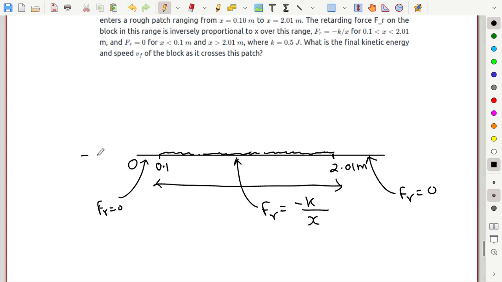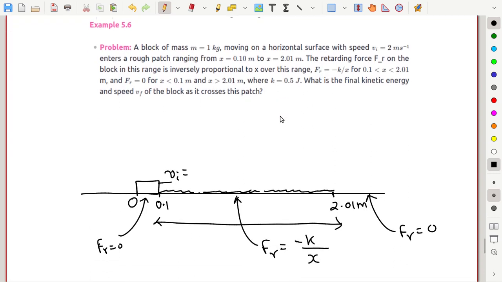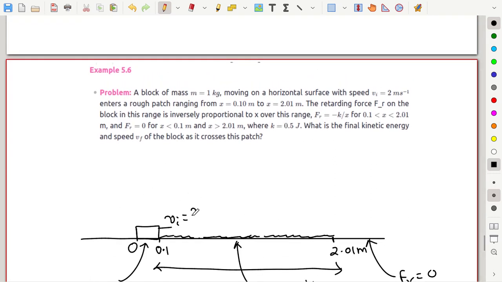The block is gliding from here, initially with an initial velocity of 2 meters per second. It enters the rough patch, and they are asking us to find the final velocity of the block after it crosses the rough patch.